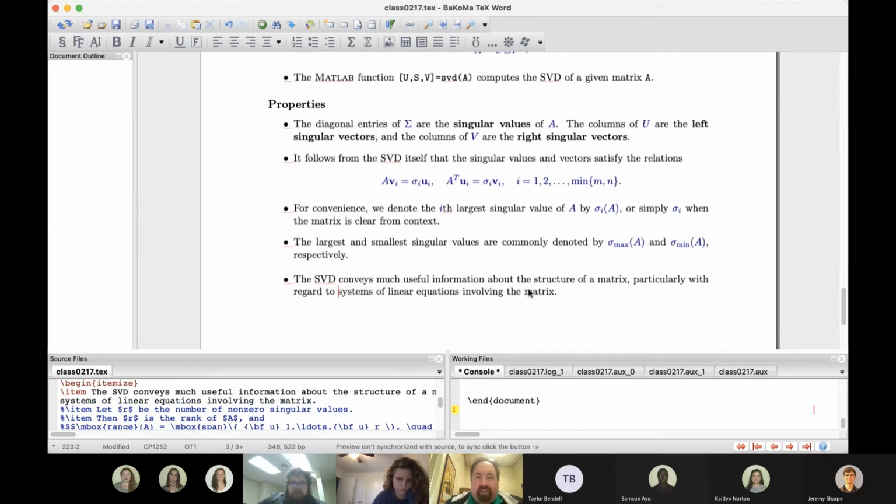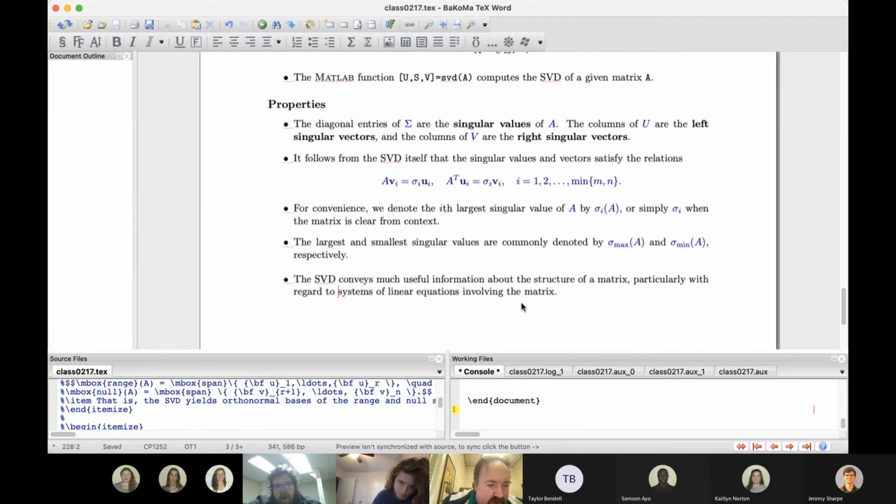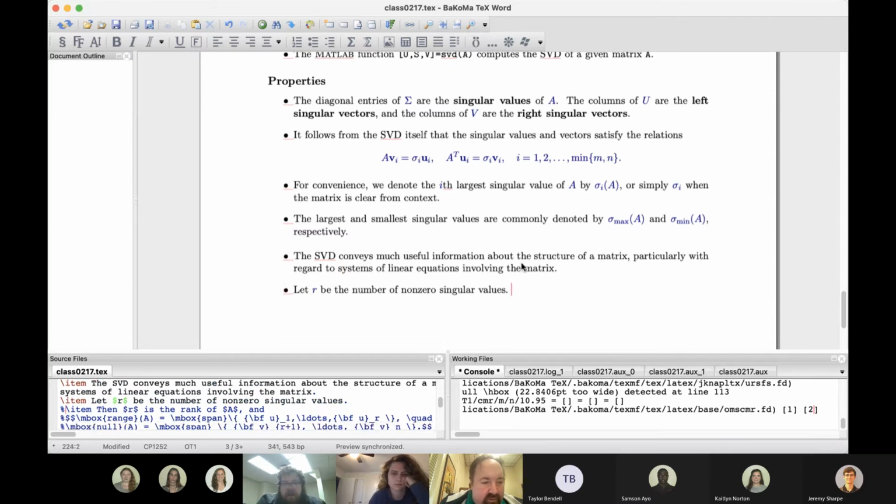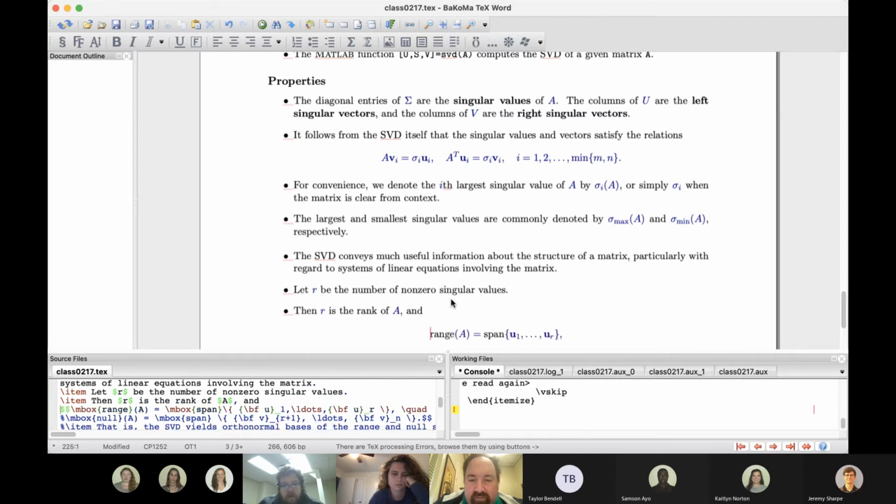So what can the singular value decomposition tell us about A and systems of equations involving A? Well, the rank of A is the number of non-zero singular values.